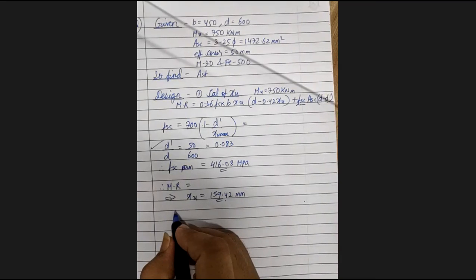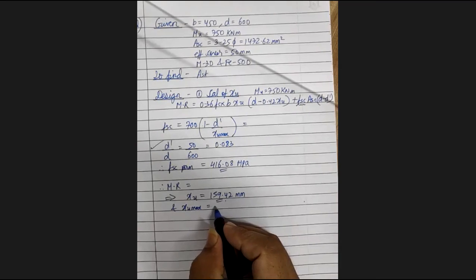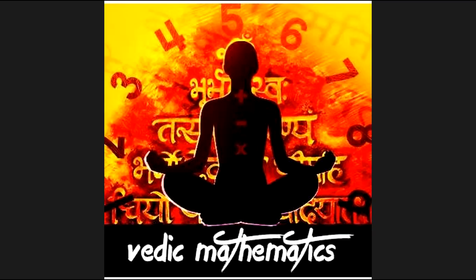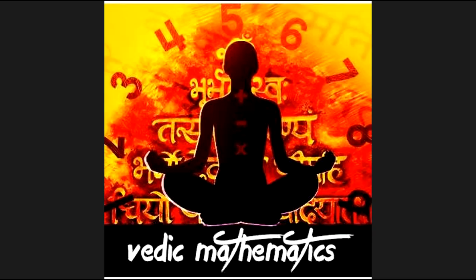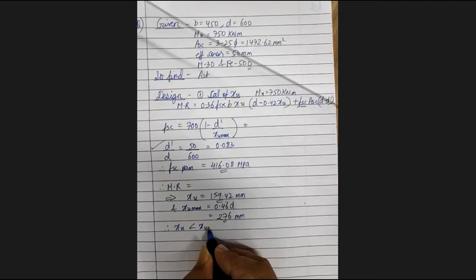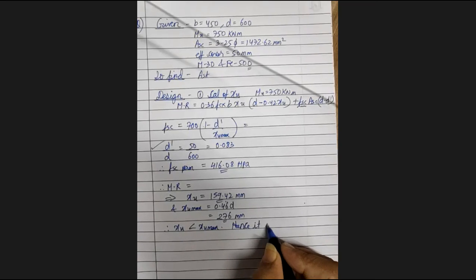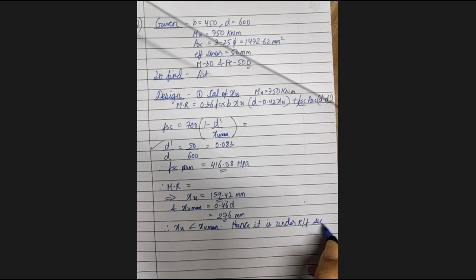And what is XU max in this case? Steel is 500, no? So 0.46 d, which is 276 mm. Therefore XU is less than XU max. Hence it is an under reinforced section.